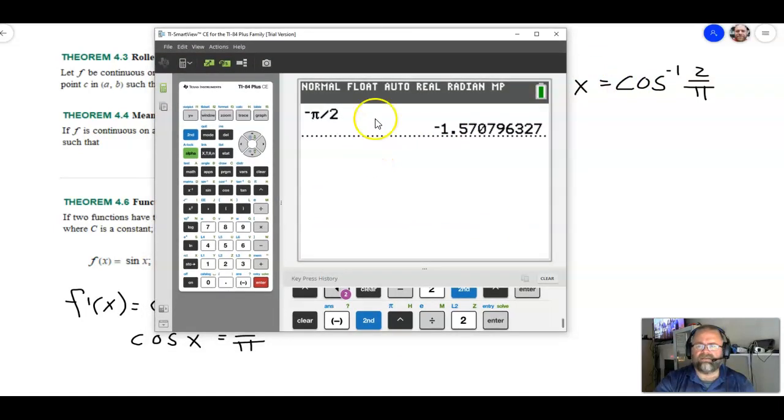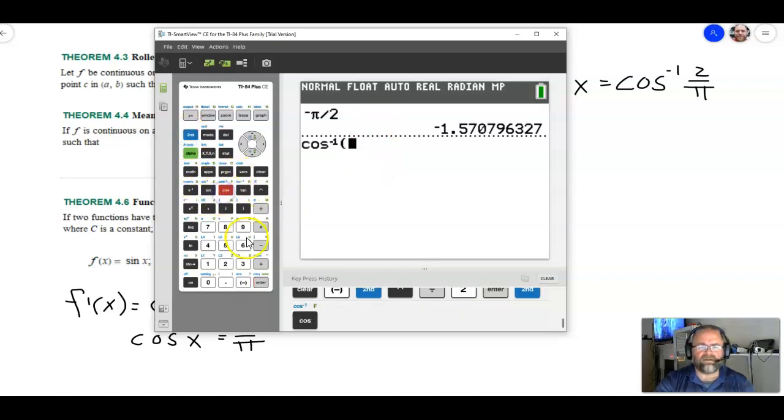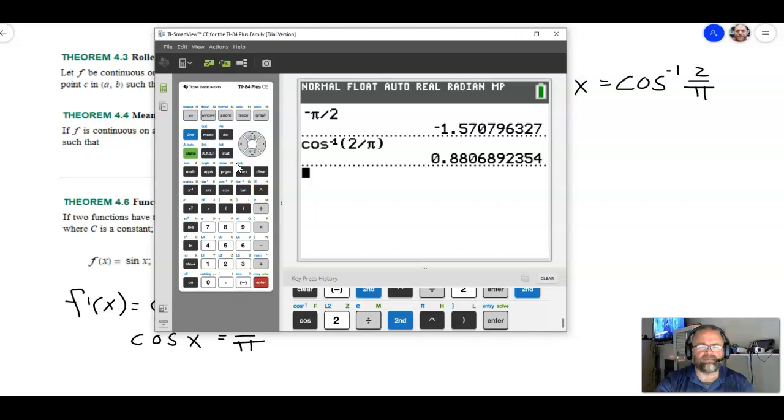Now, let's find the inverse cosine of 2 over pi, and that is going to give us 0.88. That's definitely between negative 1.57 and positive 1.57.